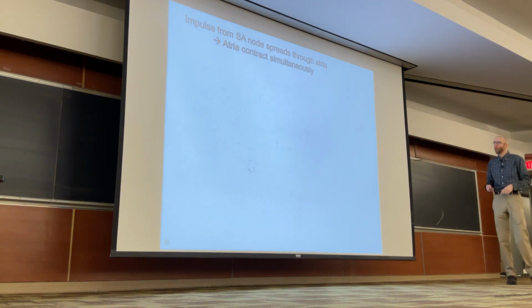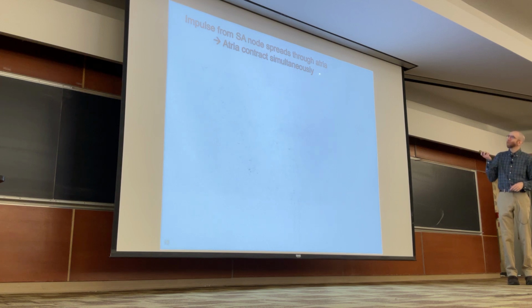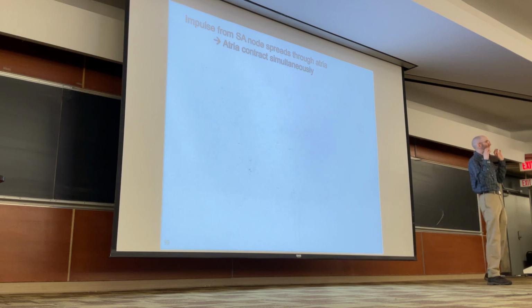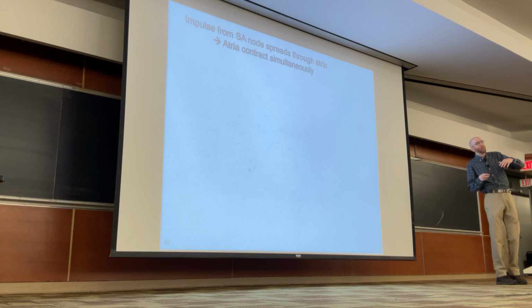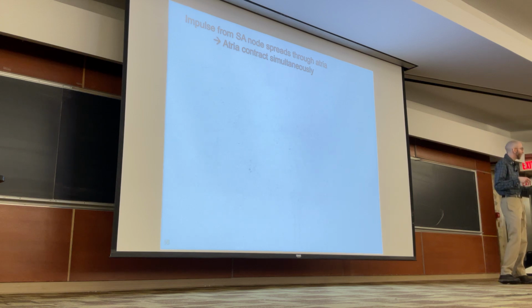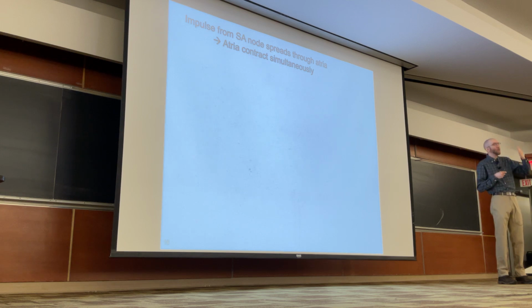So let's talk about how this works. You take that action potential from the SA node, and it's going to spread through the atria, which makes the atria contract together in a very coordinated way. So think about way back when we did types of muscles. We talked about intercalated discs. Everybody remember those? Those structures between the muscle cells that allow ions to move directly from cell to cell.